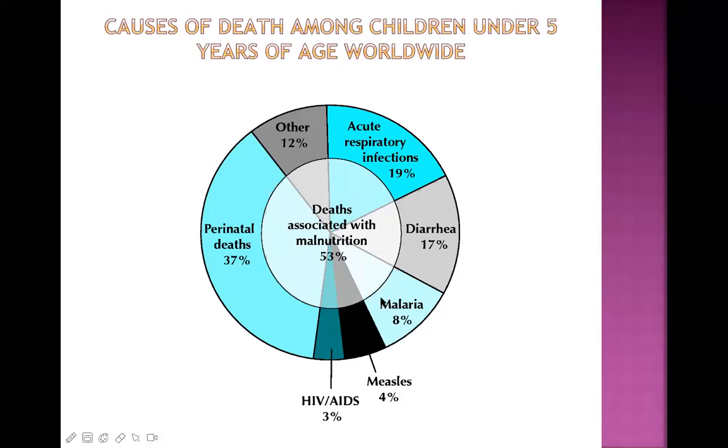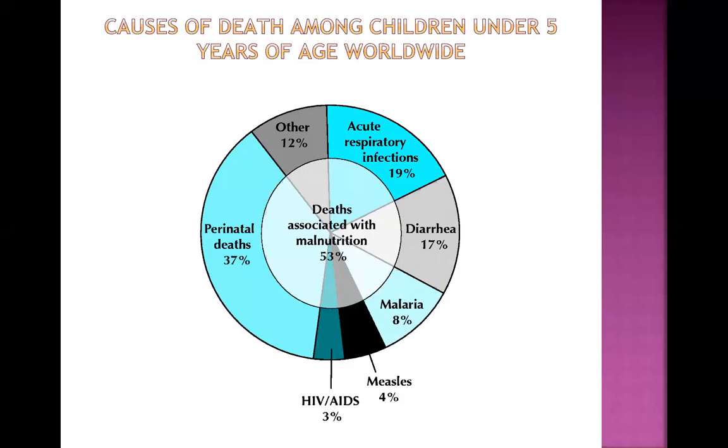Now, I'm sure most of the students have already seen it. So look at this and tell me, what are the 3 most common causes of death in babies who are under 5 years of age? Yes, what's the answer? Perinatal death, diarrhea, and acute respiratory infection.